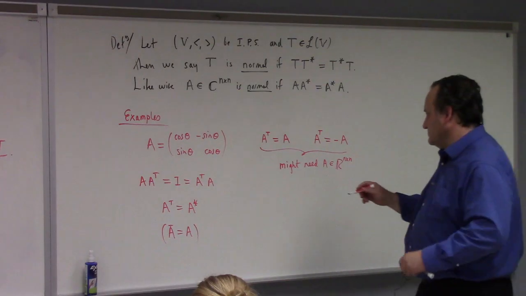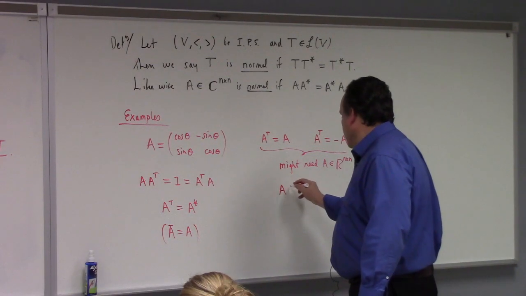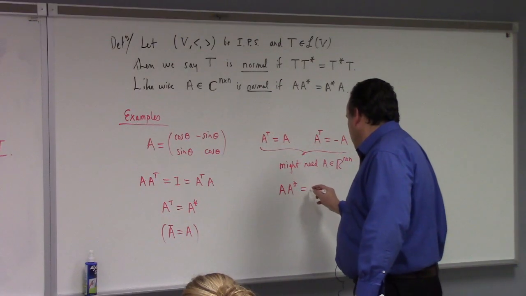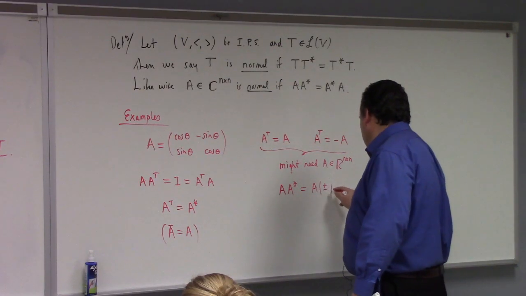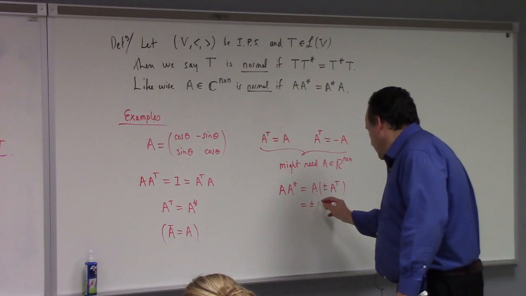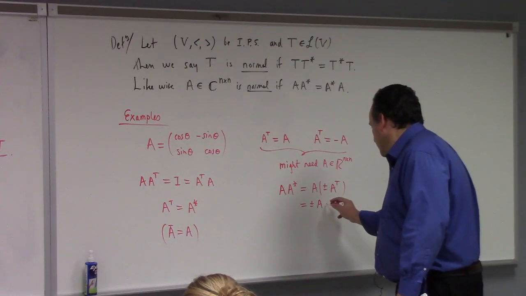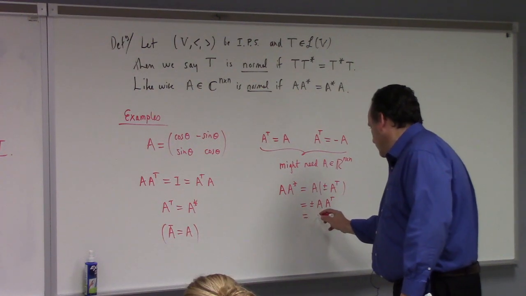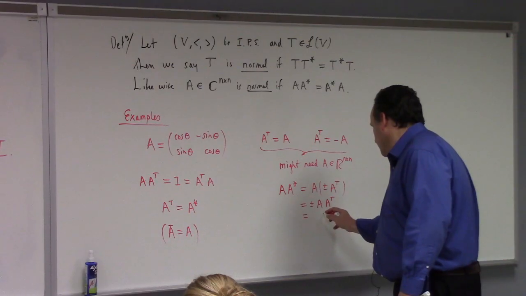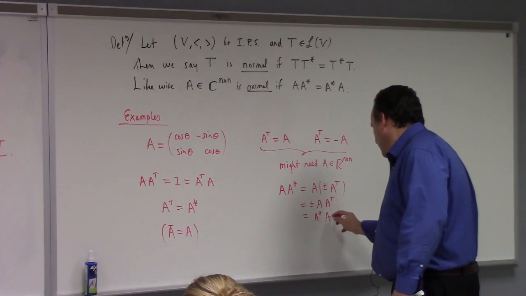Because if it's real, then A times A adjoint is equal to A times plus or minus A transpose, which is plus or minus A times A transpose, which I think is equal to A adjoint times A, if I'm doing this right.